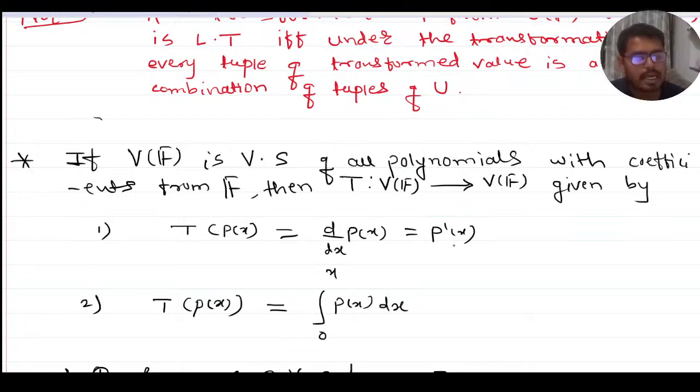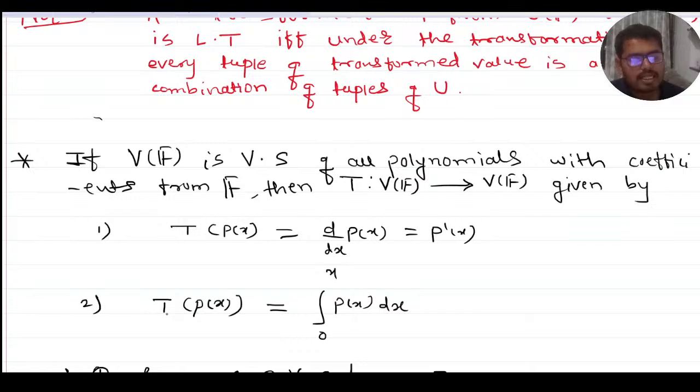This is called the derivative linear transformation because here the transformation is the derivative. Each p of x under this transformation gives the derivative of that p of x. That's why this transformation is the derivative transformation.